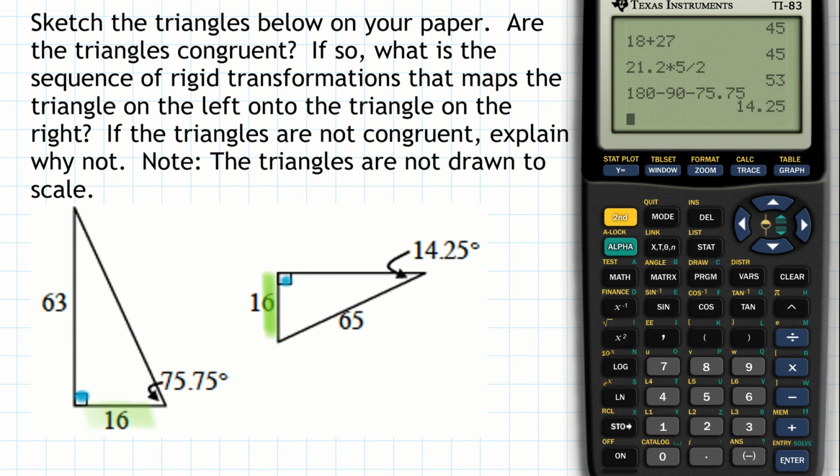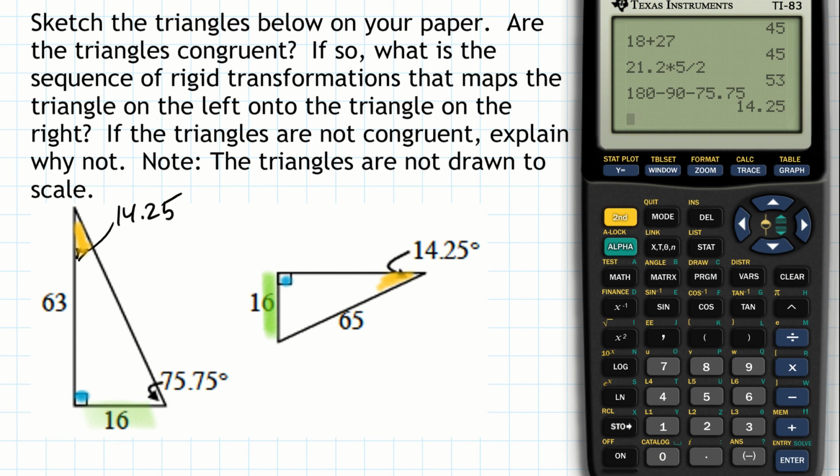And when I do that, I get magic. I get that this angle up here at the top has to be 14.25, which is phenomenal because that matches exactly this angle right here, matches exactly this angle over here.